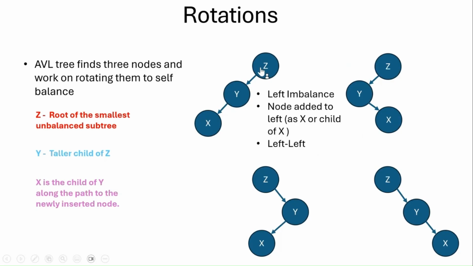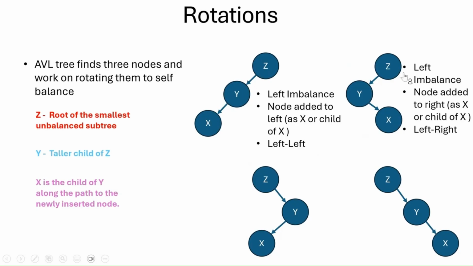So it is called a left left situation, right? The second situation is left right imbalance. It means that Z became unbalanced because of the heavy left side only, but the new node is added as a right child of the left subtree, right? Or added onto the right side. That's why the situation is left right.